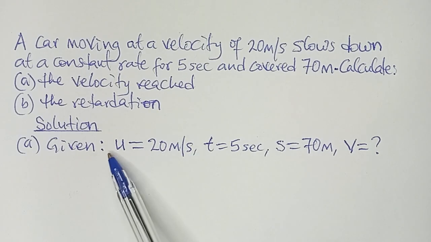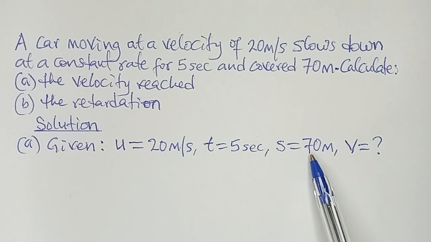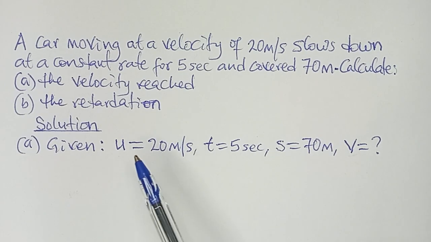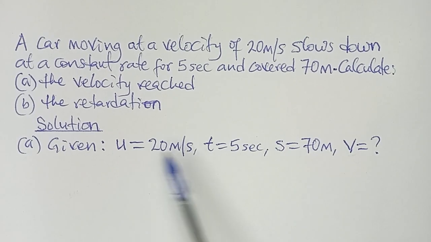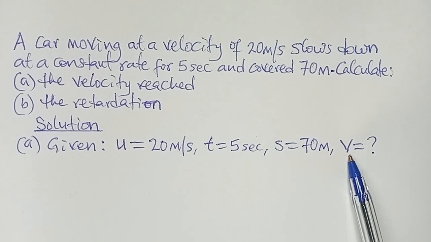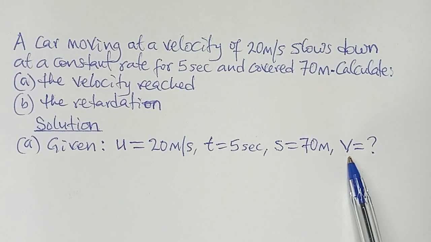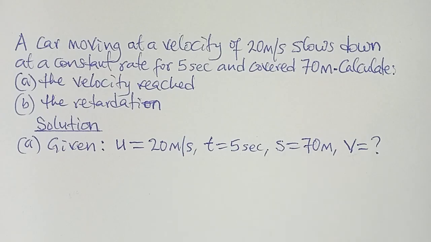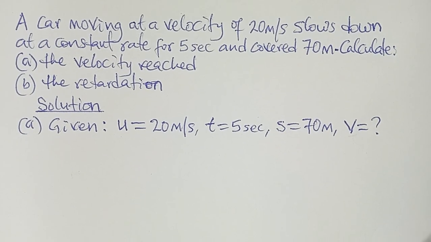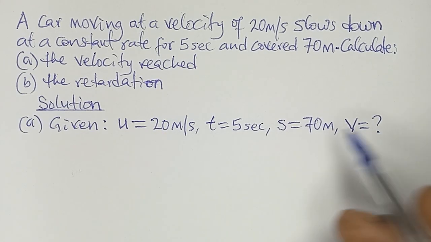So now that we have highlighted all the parameters, the next thing for us to do is to look for an equation of motion that contains U, T, S, and V, and that will help us to solve this first part of the question. And you agree with me that there's an equation of motion that contains these 4 parameters.